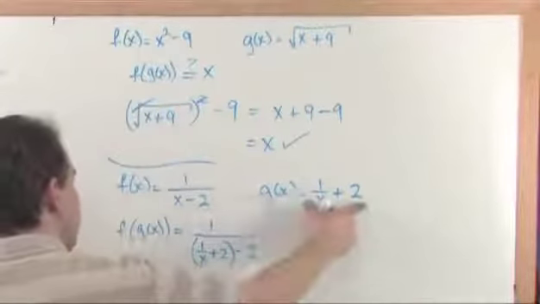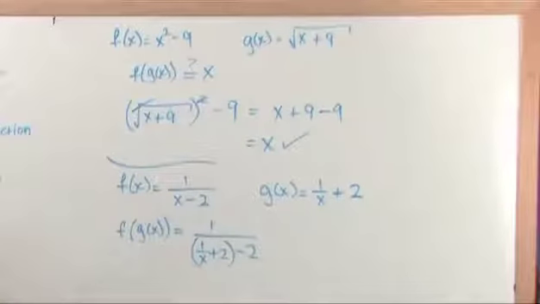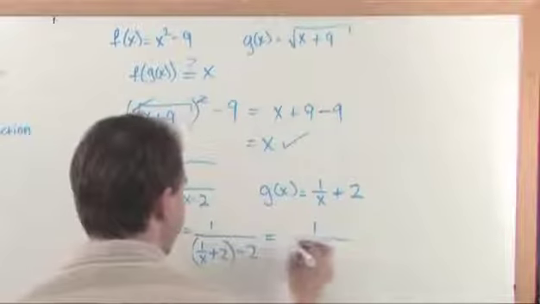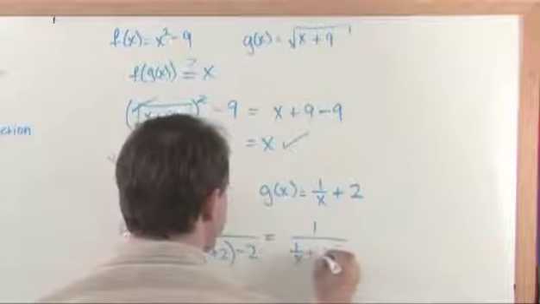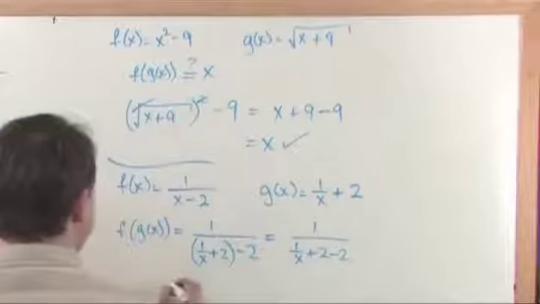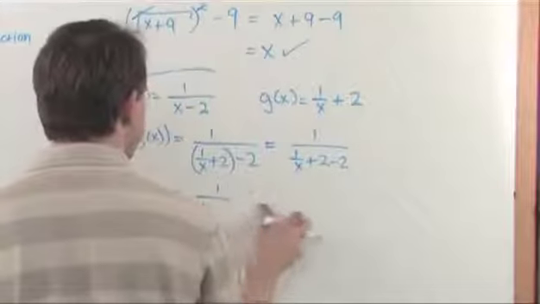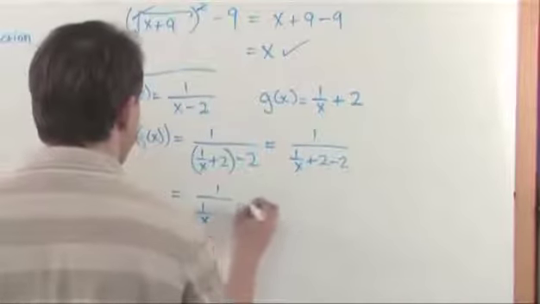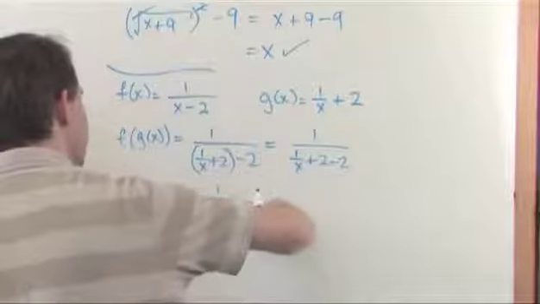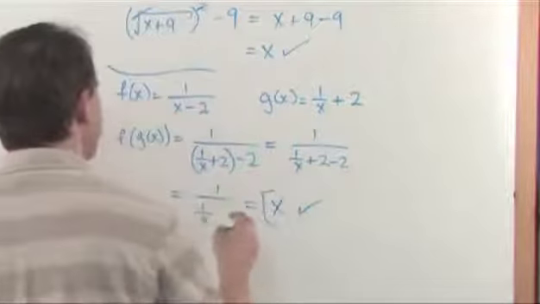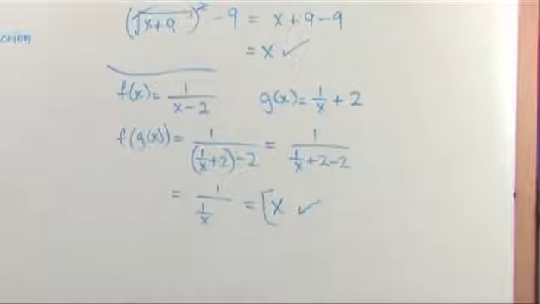You can see I've taken all of g of x and I've plugged it down here, and now I just need to simplify it. 2 minus 2 is 0, so this just disappears, which leaves 1 over 1 over x. And then you just take the bottom fraction, turn it over, and put it up there. It's just going to be equal to x. So because f of g of x is equal to x, those two functions are inverses of one another.